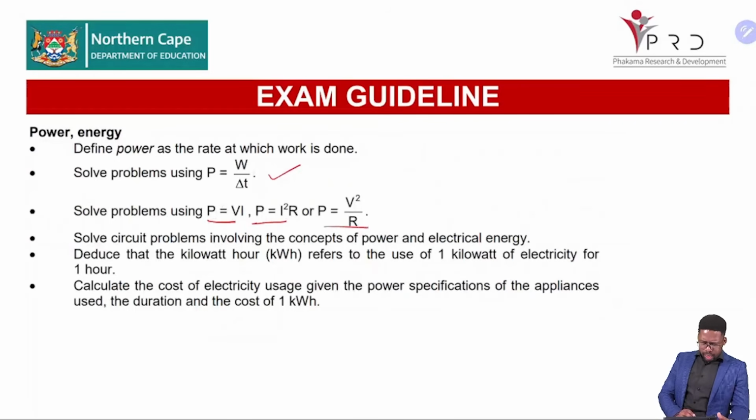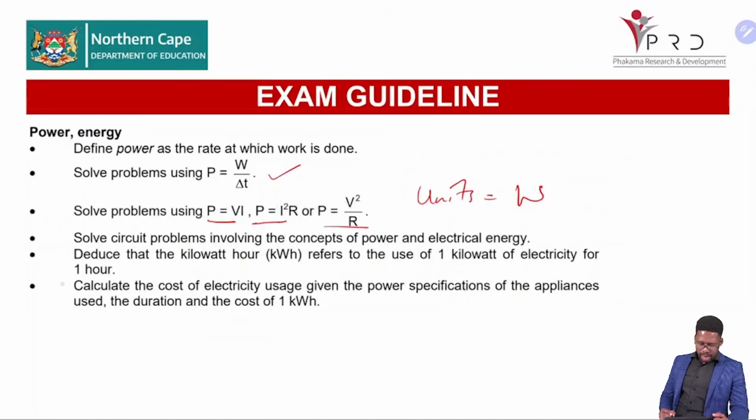We can calculate power as VI, as I squared R, or power as V squared over R. So we can calculate power in 3 ways depending on what we are given on the circuit diagram. And then the unit for power is watts. So as you calculate power, don't forget to put the W.